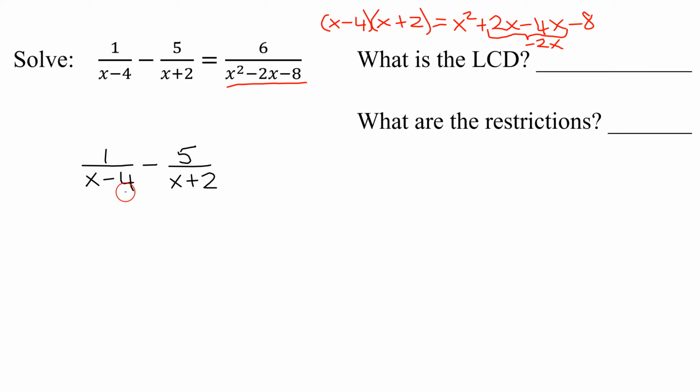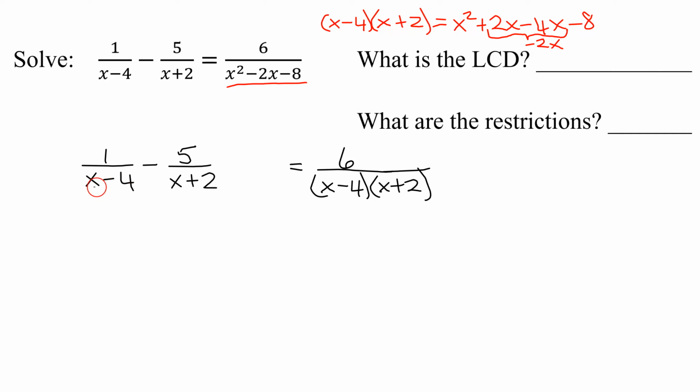So I have 1 over x minus 4 minus 5 over x plus 2 equals 6 divided by x minus 4 times x plus 2. So now all our denominators are factored. I'm ready to find the least common denominator.